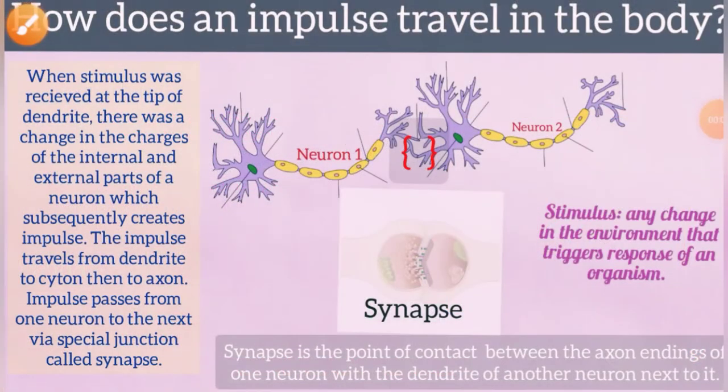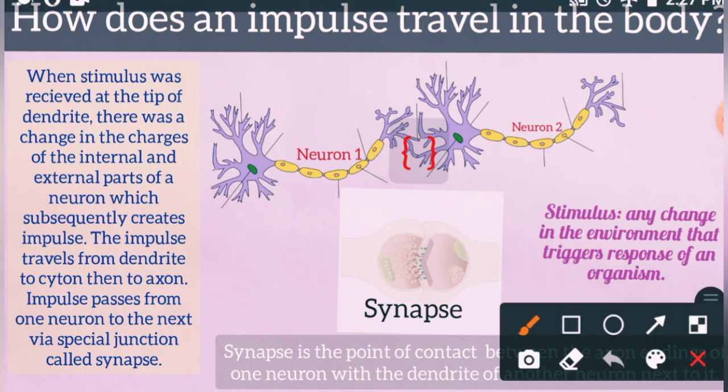Now let us see how an impulse travels in the body, from one part of the body to other parts of the body through the nervous system. Look at this diagram. There are two neurons here, neuron 1 and neuron 2.